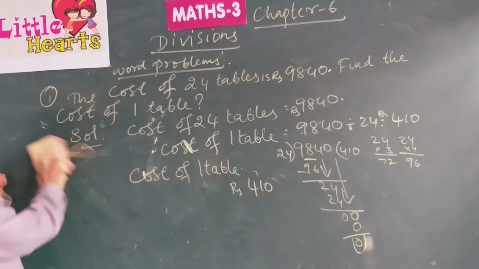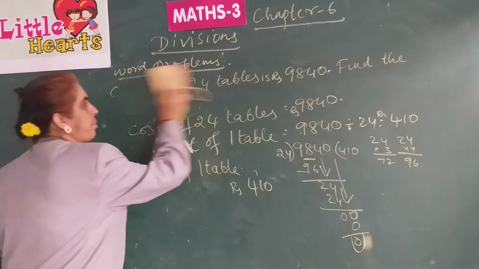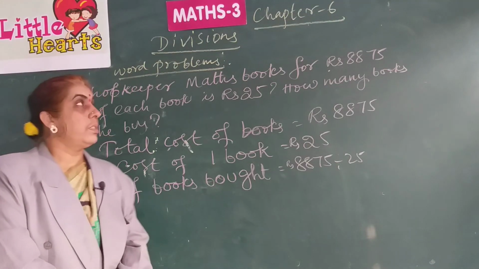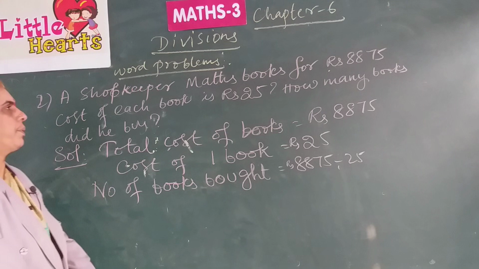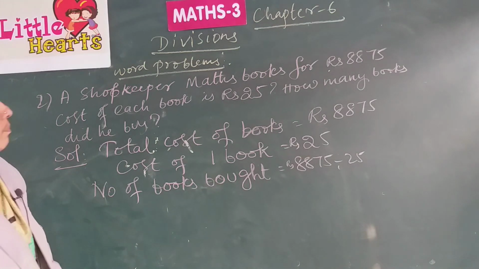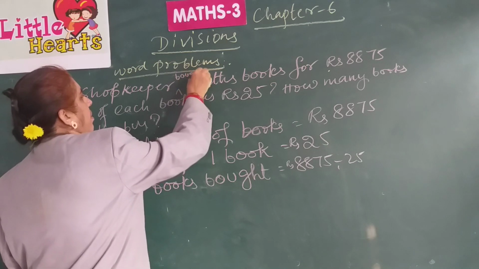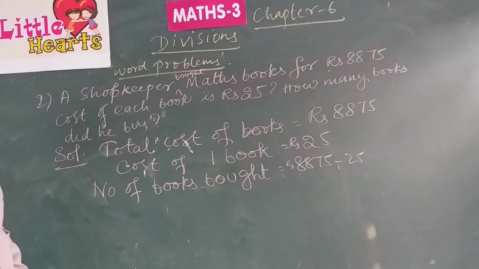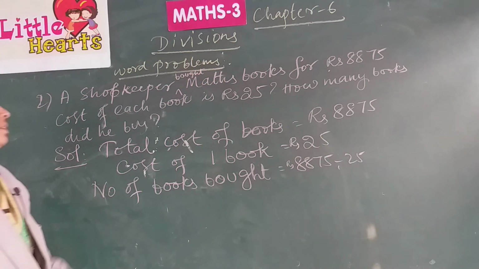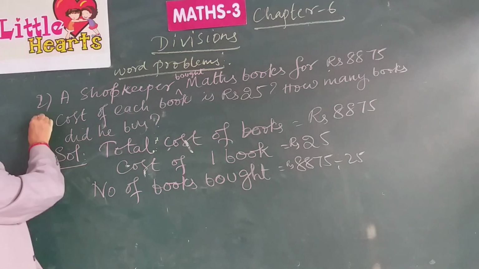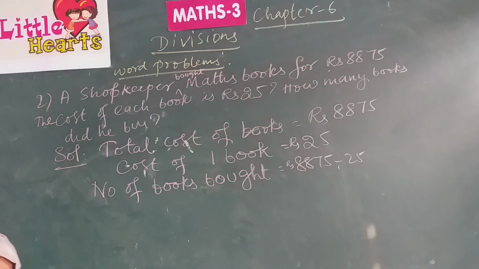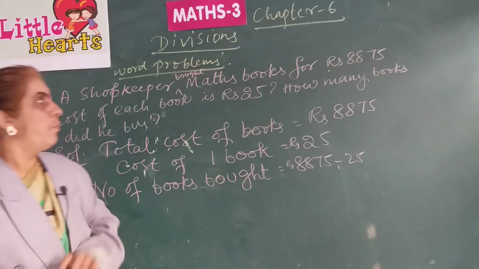Let us go with another word problem now. Yes, children, here is another word problem for you. A shopkeeper bought maths books for rupees 8,875. The cost of each book is rupees 25. And how many books did he buy for this amount?